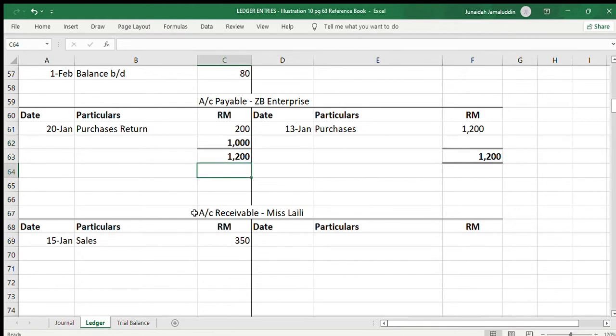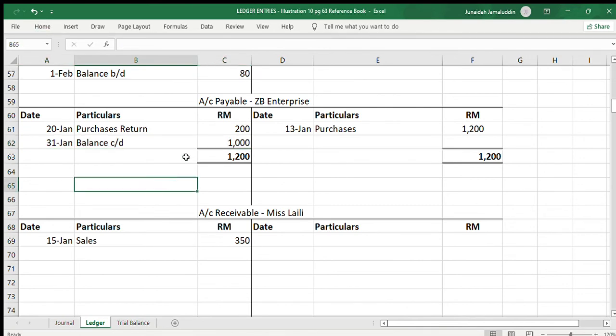So totalkan dua ni baru kita akan dapat jumlah sebanyak 1,200. Okay. So difference sebanyak 1,000 ni, this is the balance CD on 31st January. Kita unboldkan dia dulu.